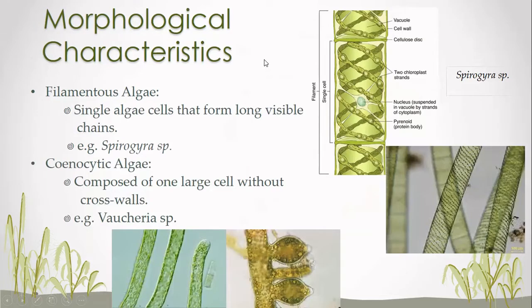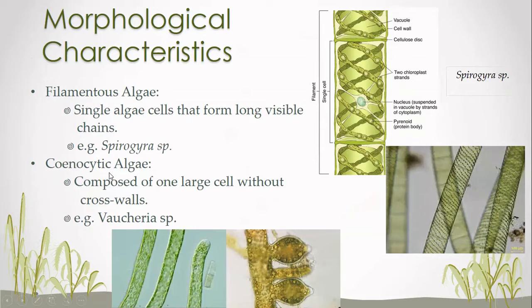Okay, another one, we have filamentous algae. Single algal cells that form long visible chains. So, example, ang Spirogyra. So, ito yung Spirogyra na structure. Meron siyang vacuole, cell wall, meron siyang septum. So, this is a single cell Spirogyra.